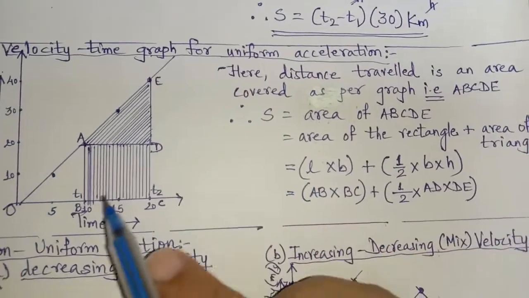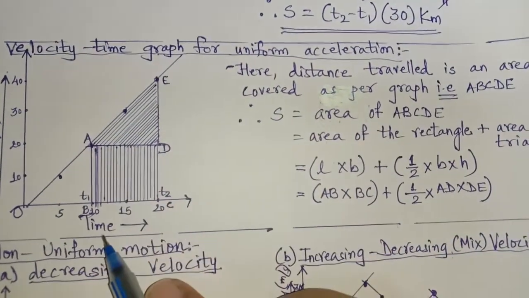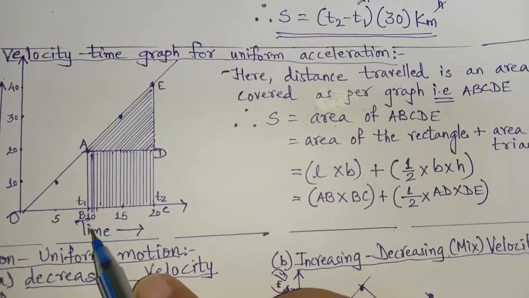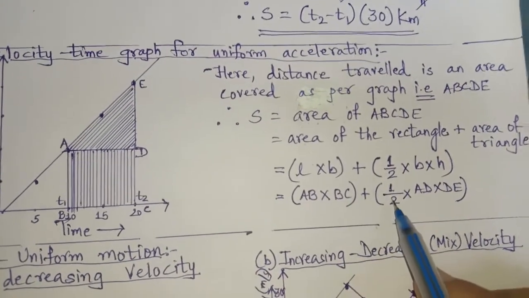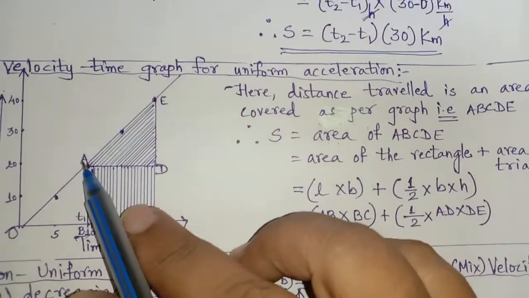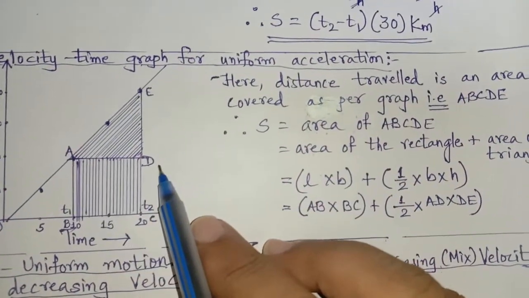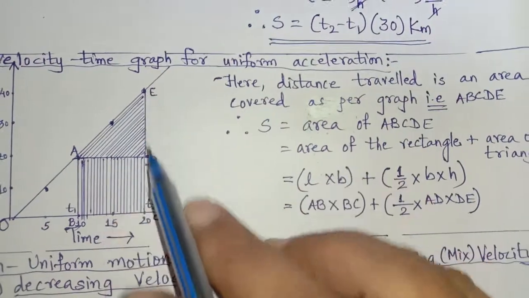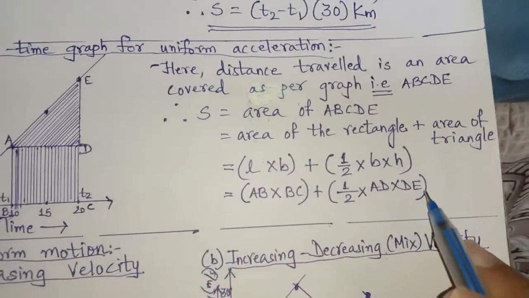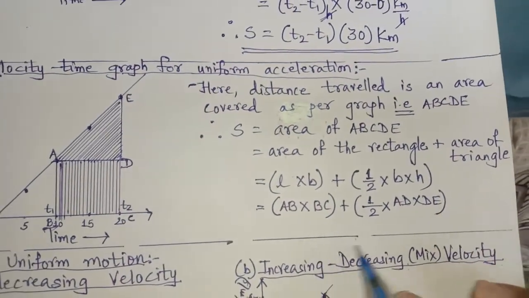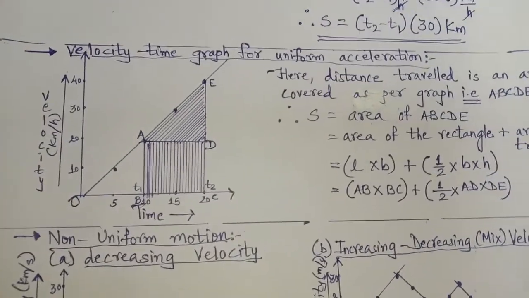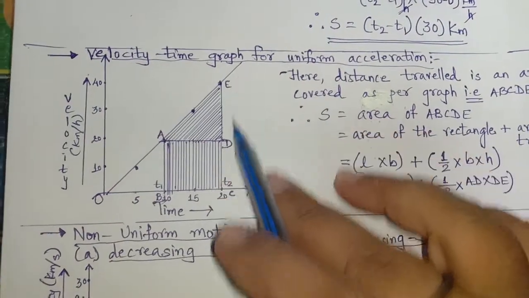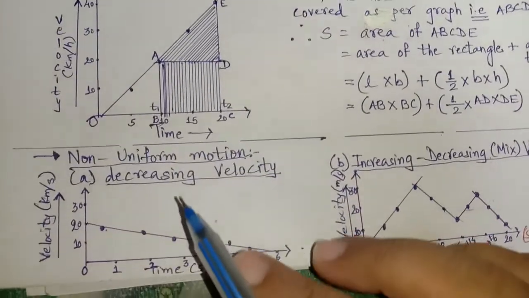So here length is AB and breadth is BC, AB into BC. Half base: for this triangle ACD, base is AD, right, and height is DE. So AD into DE. This is how we will be able to calculate the area, that is the distance travelled by the body.